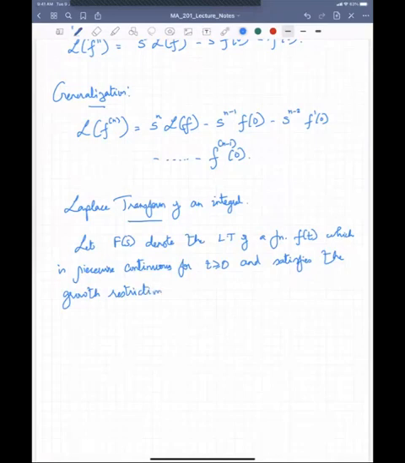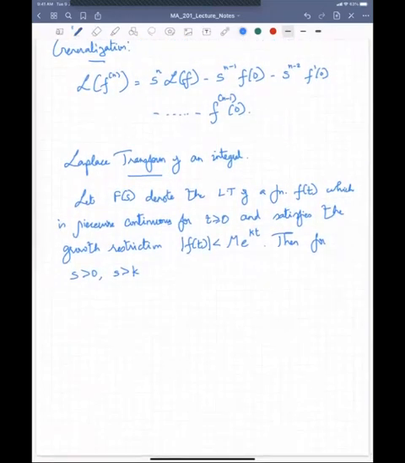What was this? This is basically that the absolute value of this function should be bounded by some exponential e to the kt, so that the Laplace transform doesn't blow up. Then for s greater than 0 and s greater than k, remember that if s is less than k, the Laplace transform is not guaranteed to exist. And of course t greater than or equal to 0, the Laplace transform of the integral of this function.